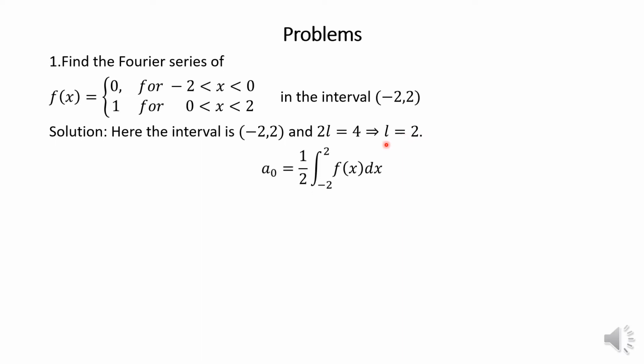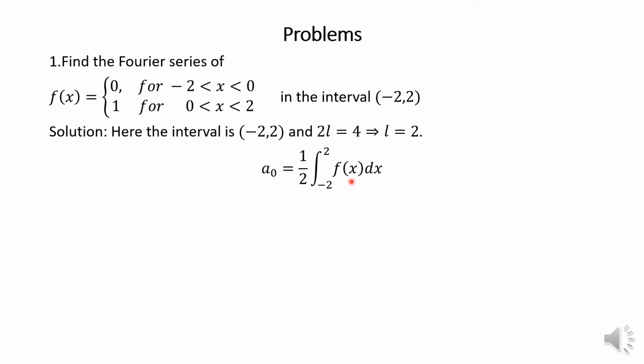Write down the formula to find a0. a0 is equal to 1 by 2 times integral minus 2 to plus 2. You remember the formula for a0 is equal to 1 by L times integral minus L to plus L f of x dx. In place of L, I am substituting 2. So we get 1 by 2 times integral minus 2 to plus 2 f of x dx.